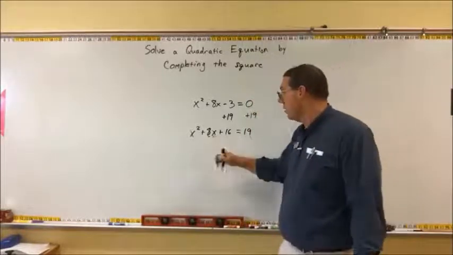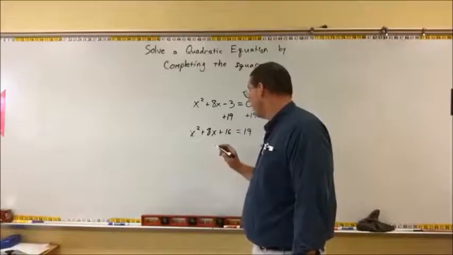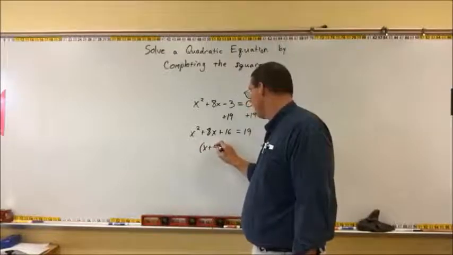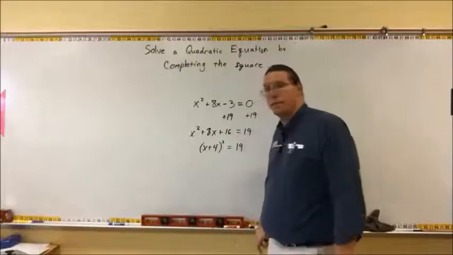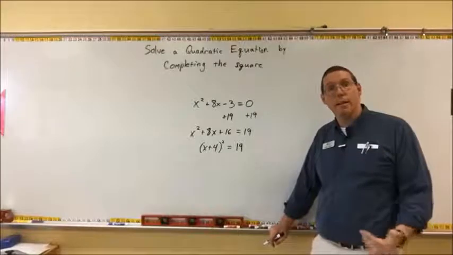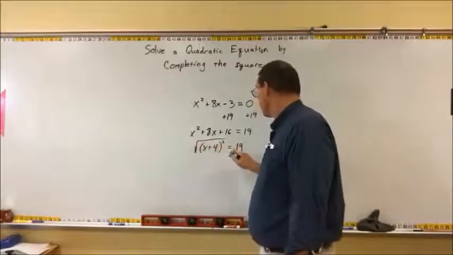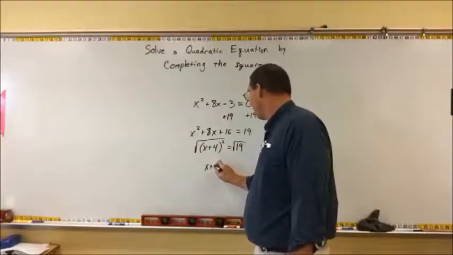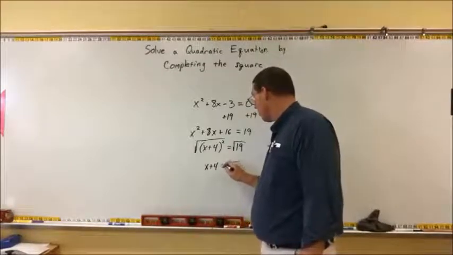Now we can complete the square, or factor this into a binomial squared, and it becomes x plus 4 squared, which is now equal to 19. Doesn't it look like the same thing we would do when we extract a square root, right? So we take the square root of this side and the square root of this side, and we have x plus 4 is equal to plus or minus the square root of 19.